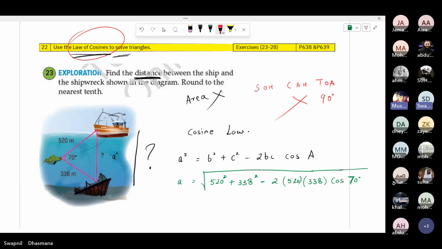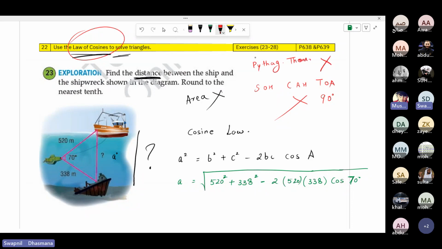Sir, can I use the square, a squared plus b squared, to find the missing side? That's called the Pythagoras theorem. Can I use the Pythagoras theorem?